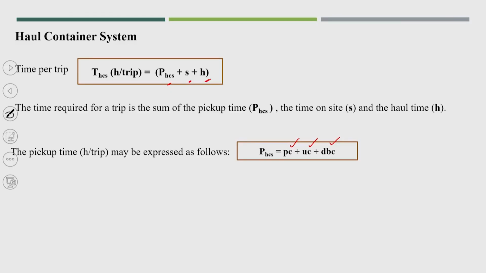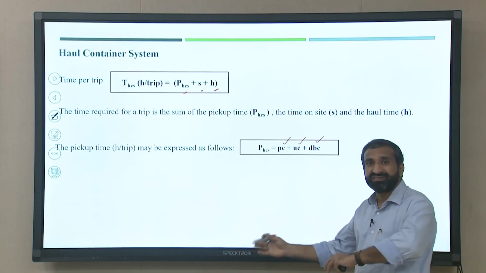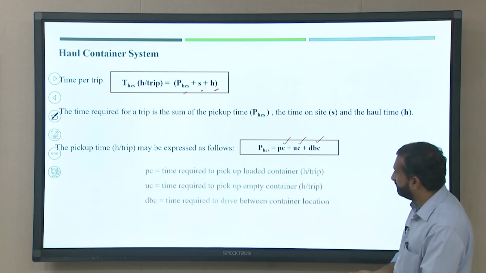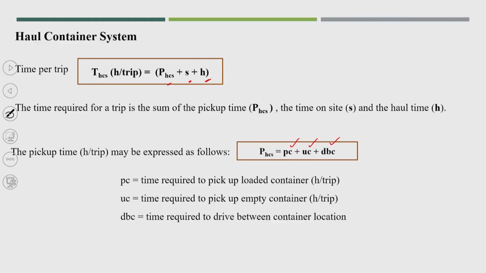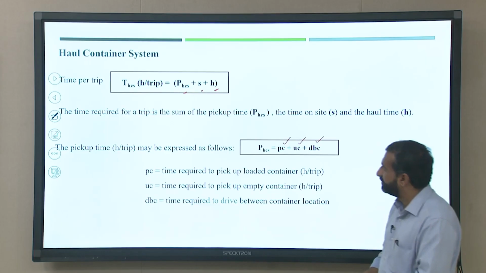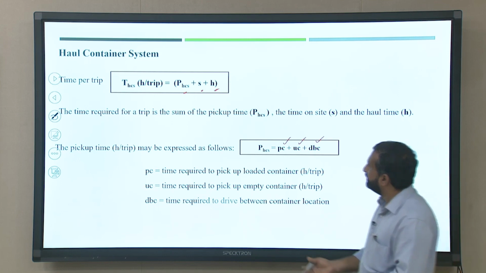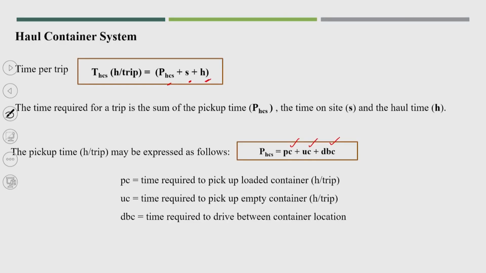Picking up will be different, depositing an empty container will require time, and transportation from one location to another could also be different. PC is the time required to pick up the loaded container, UC is the time required to pick up the empty container, and DBC is the time required to drive between container locations. So, in this equation, we can calculate the pickup time by PC plus UC plus DBC.